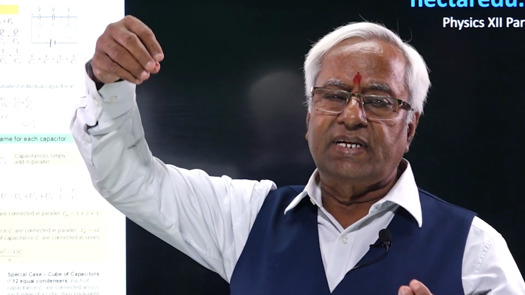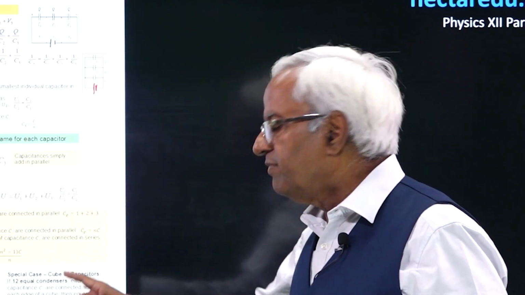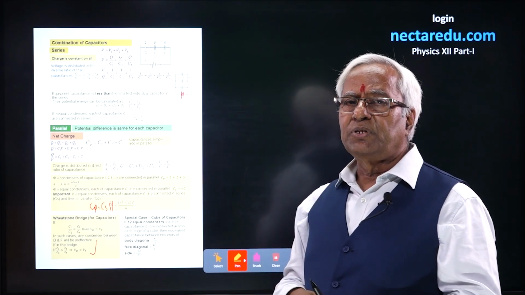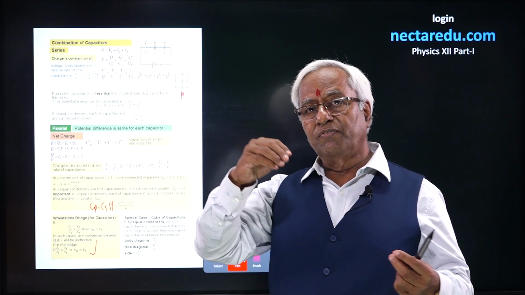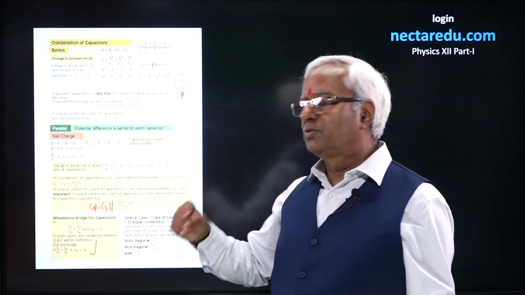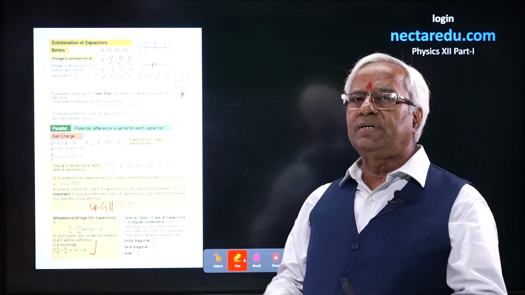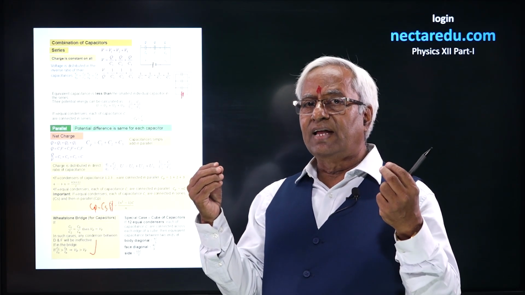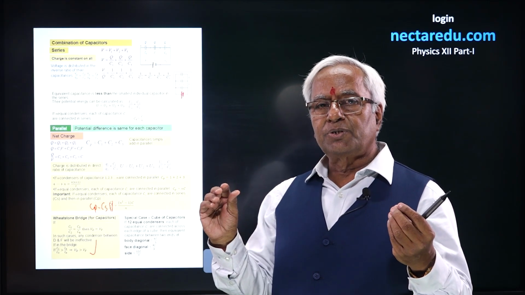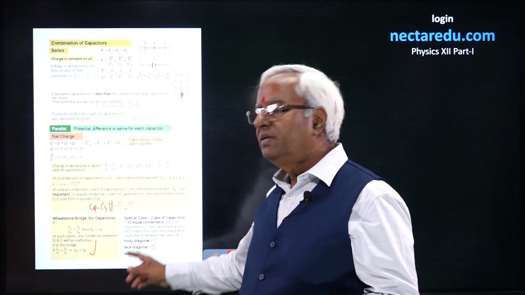If the two ends are that of a body diagonal, it's going to be 6C upon 5. If the two ends are that of a face diagonal, it is going to be 4C by 3. And if you choose the two ends of a single edge of the cube, it's going to be 12C upon 7.